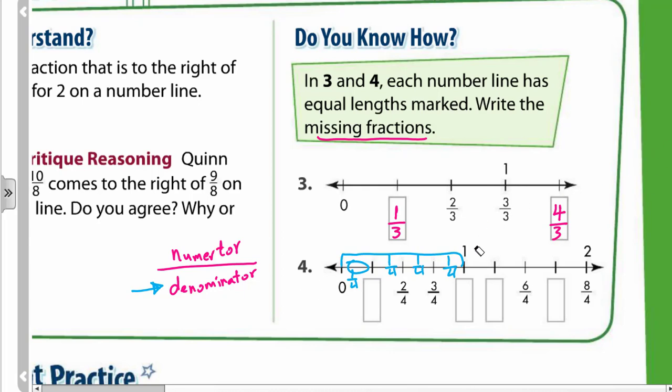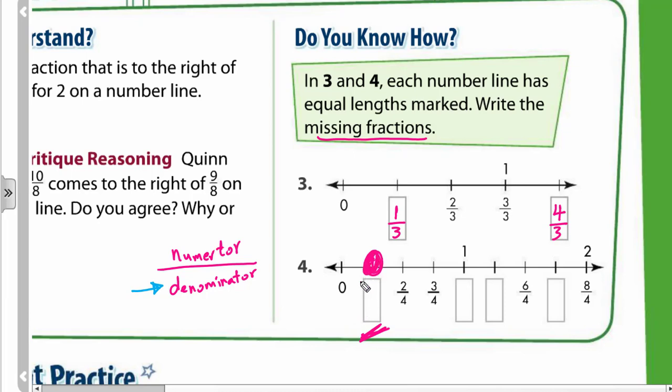Okay, let's do it. I will raise this and let's complete the first fraction. Sahmi, this one.